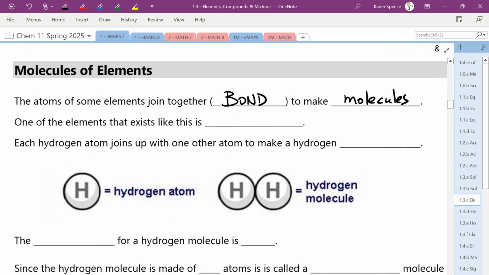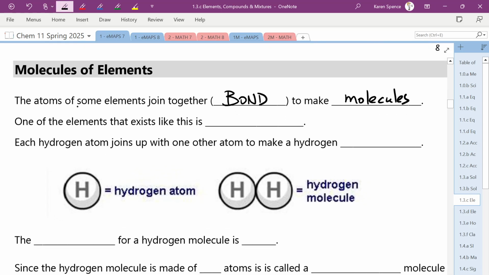And when we say some elements, what we're really referring to here is if they're making molecules, are they metals, are they non-metals, or are they a combination of both? Molecules are actually exclusively non-metals.